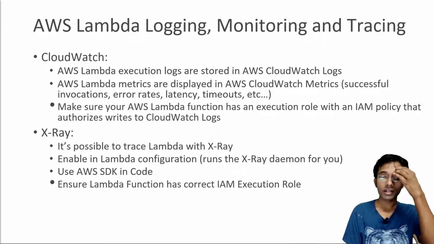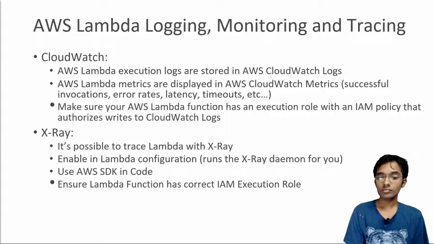It's very important. Next we have X-Ray for distributed tracing. So it is possible to trace Lambda functions with X-Ray. You just need to enable it in the Lambda configuration, and then AWS will run the X-Ray daemon for you, or we can use the AWS SDK in the code as well to add some X-Ray pointers.